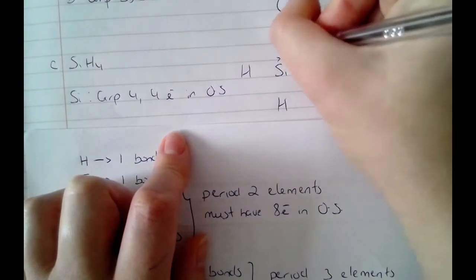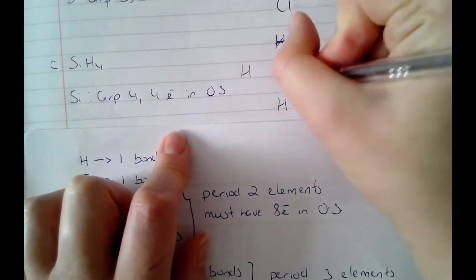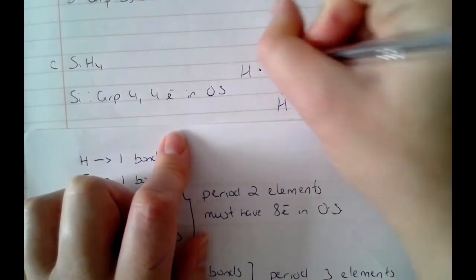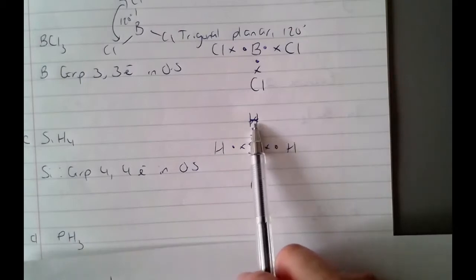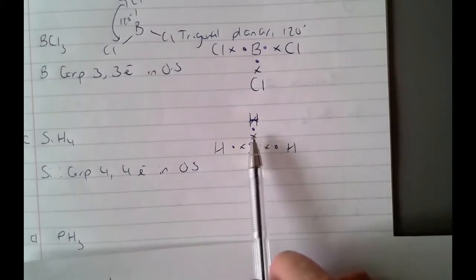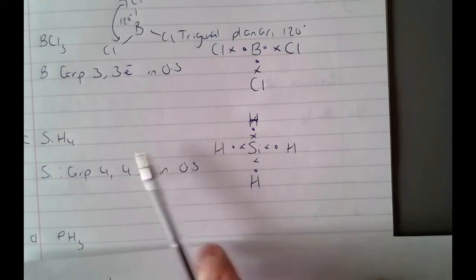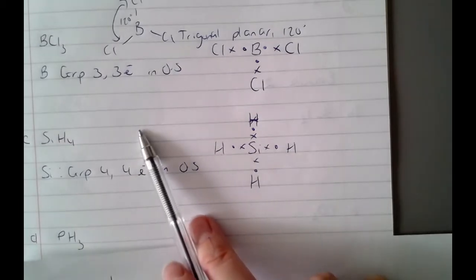It's got 4 electrons in its outer shell, and each of those electrons are involved in forming a bond to hydrogen. I know none of those bonds can be double because A, hydrogen can only form one bond, and B, silicon only has 4 electrons and it's got 4 bonds to form, so it doesn't have any electrons left over to make one of those bonds a double bond.